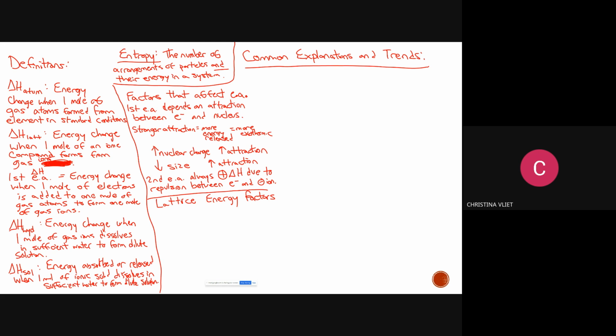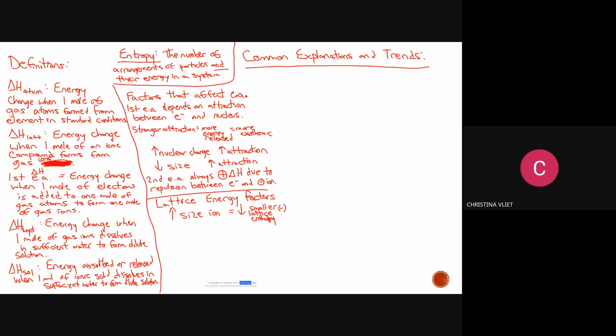So the larger the size of your ion, the smaller the lattice enthalpy. Meaning, the larger the size, the less energy is going to be released.